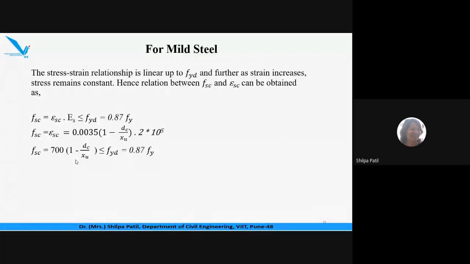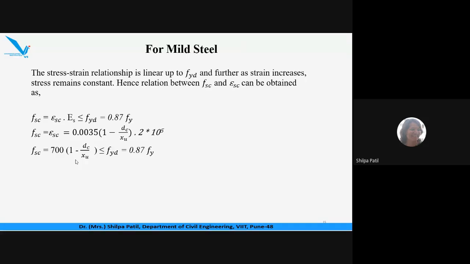Now, this expression we have simply derived for mild steel. I have purposely written this for mild steel because if you recall the stress strain curve for mild steel, it is completely linear until the stress reaches the fy value, or the design strength of the steel, and beyond that it is considered that the strain is constant and the stress is also constant.